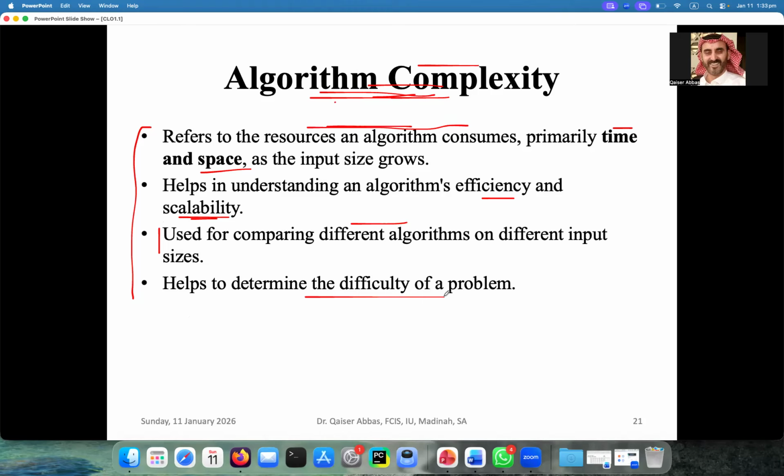If it is only big O of n, meaning linear, then it would be simple. And if it would be order of n log n plus e log v, then it means it is something complicated.